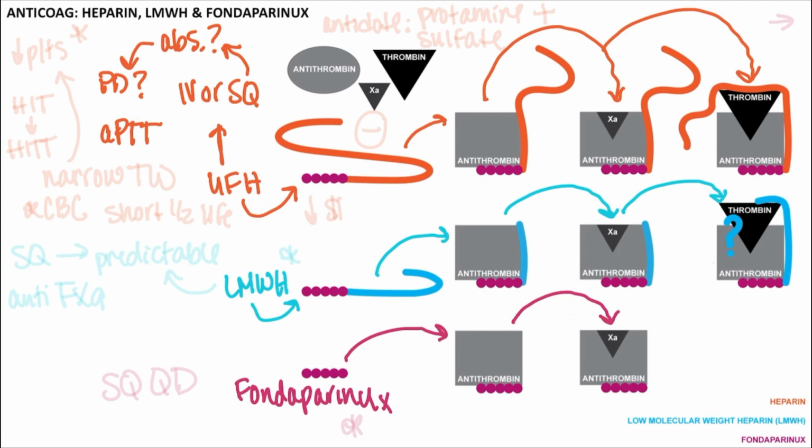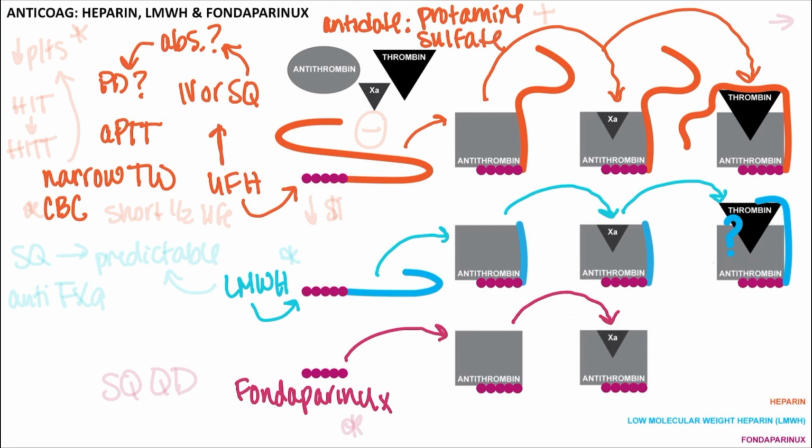So as you can probably guess, this agent is a narrow therapeutic window drug. We also need to be looking for those signs and symptoms of bleeding, so checking a CBC regularly. And then if significant bleeding does occur or the patient requires some sort of emergent surgery, for instance, and a heparin reversal is necessary, there is an antidote for heparin called protamine sulfate.